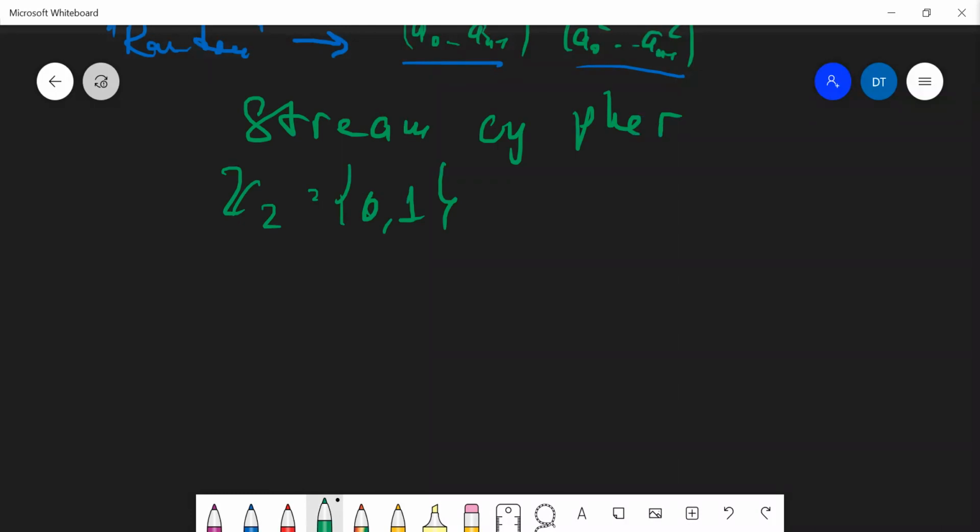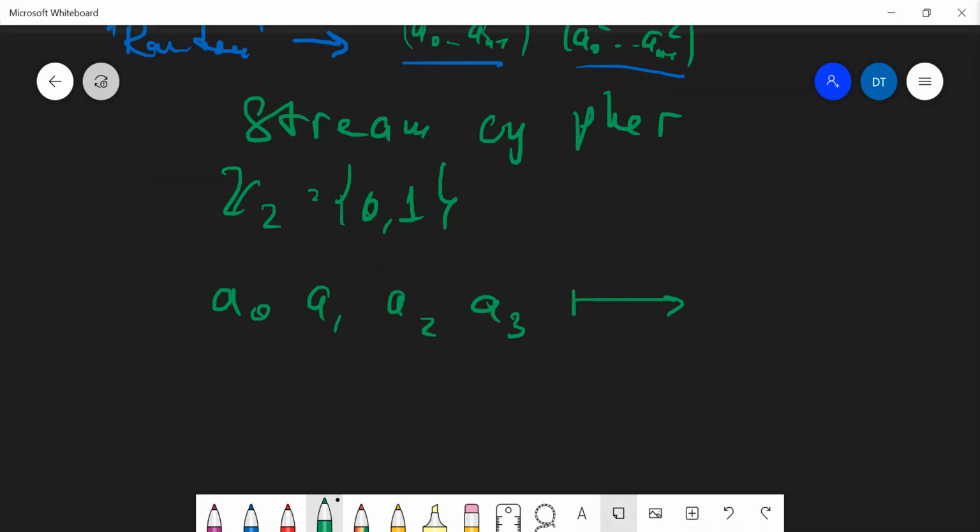We may take a different approach, but let's say we take the alphabet containing only 2 elements. And now you want to send a message of bits to someone, but you want to encrypt this message.